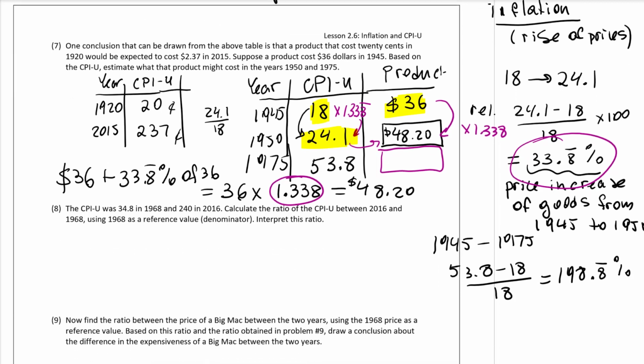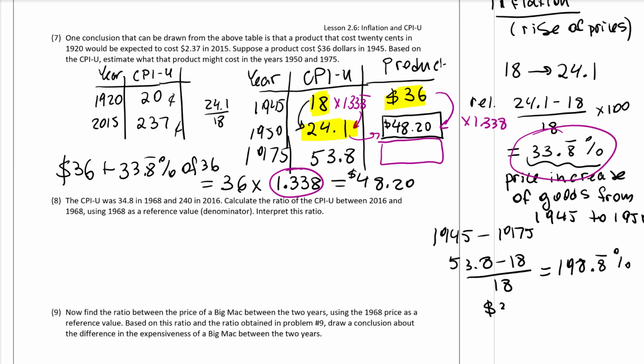Okay, and now if you take the $36 and you add 198.8%, so it's 1.9888 repeating times 36 plus $36, that gives you about 107.6.